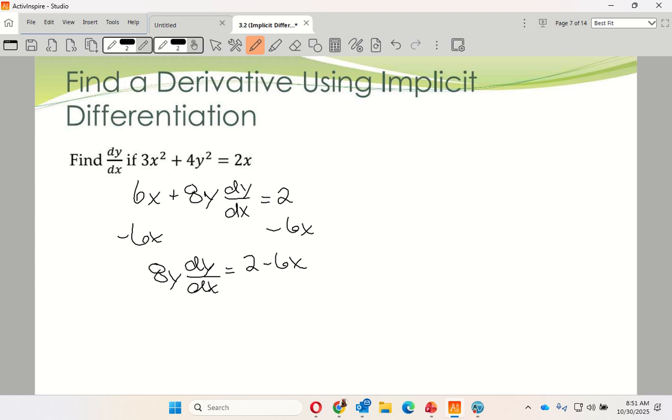And what is happening between the 8y and the dy dx? It's multiplying, right? To undo that multiplication, I need to divide both sides by 8y. So I now have dy dx is equal to 2 minus 6x over 8y.